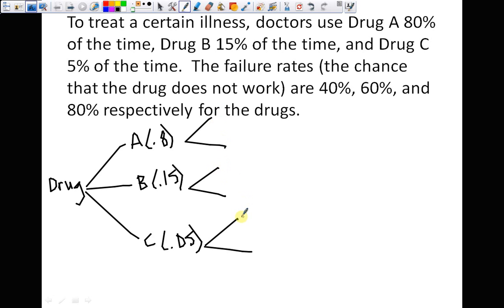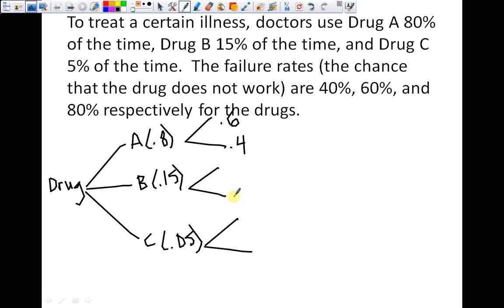So this works, and this works. And these are does not work, and does not work. So there's a 40% chance that this does not work, drug A. So that means that there's a 60% chance, the complement of 0.4, that it does work.